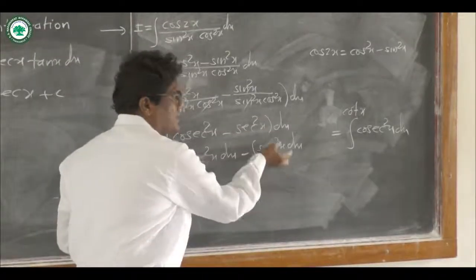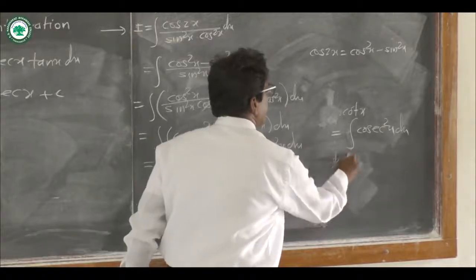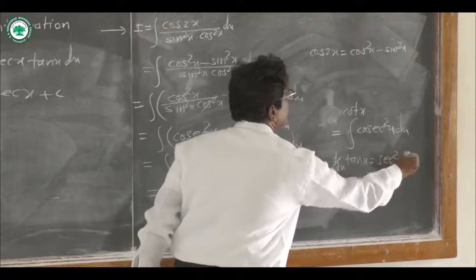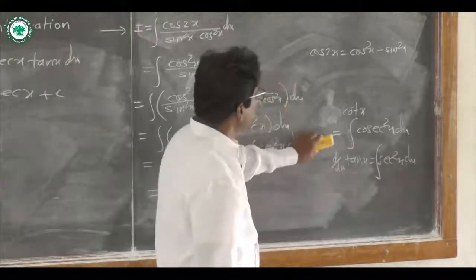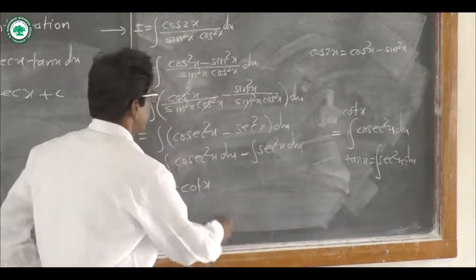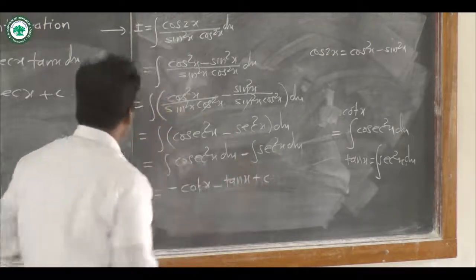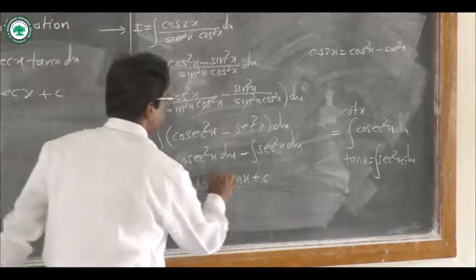Now sec square x is the derivative of tan x, d by dx of tan x is equal to sec square x, and therefore integration of sec square x dx is equal to tan x. So minus cot x minus tan x plus constant of integration, and this is the final solution.